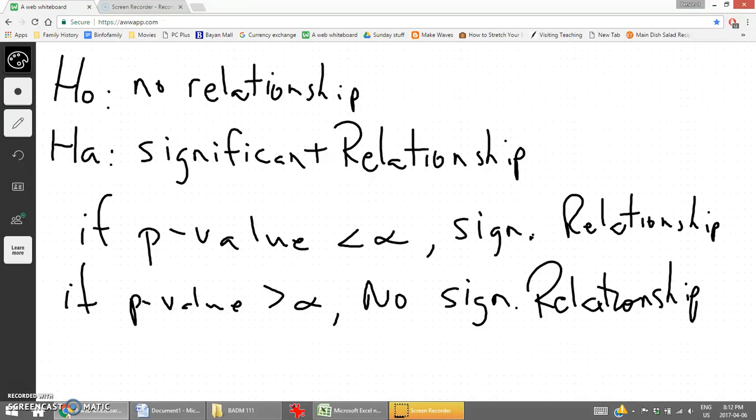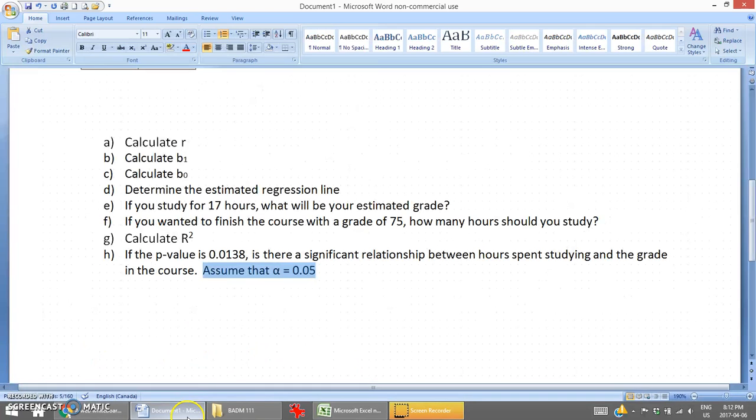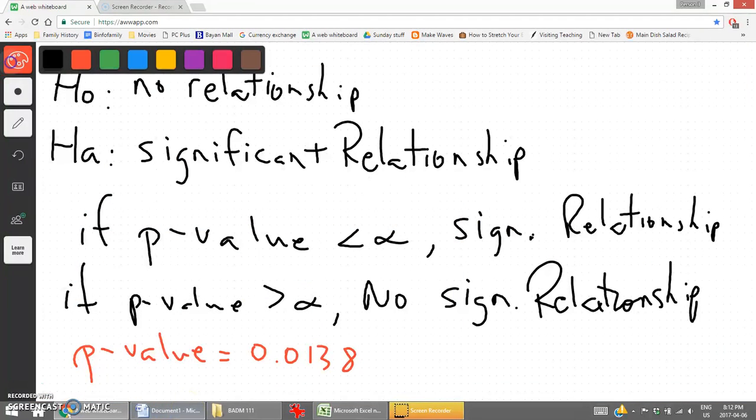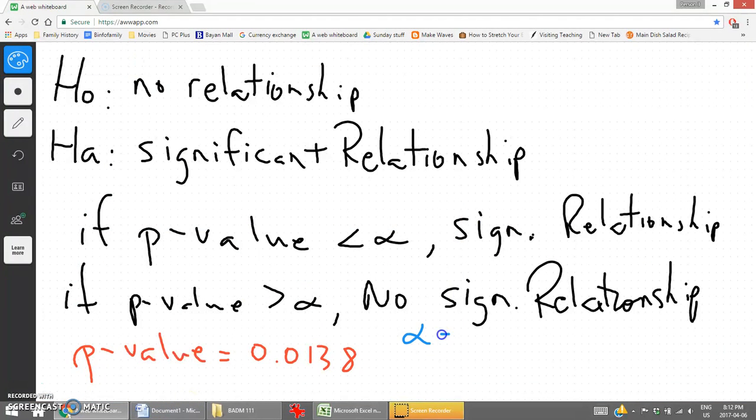So if we look at our p-value, we know that the p-value is given to us as 0.0138. Let me just confirm that. P-value 0.0138, and alpha is also given to us.